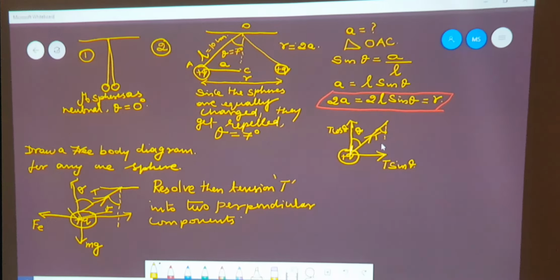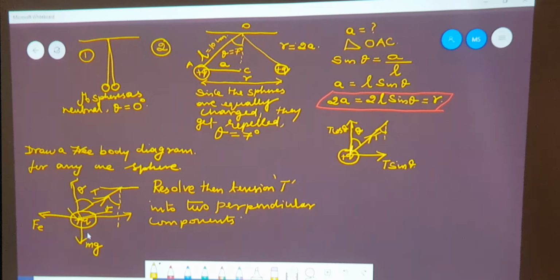The tension T is resolved into two perpendicular components, one along the horizontal, another along the vertical. The vertical component is adjacent to theta, so it is T cos theta. The horizontal component is opposite to theta, so it is sine, T sin theta.